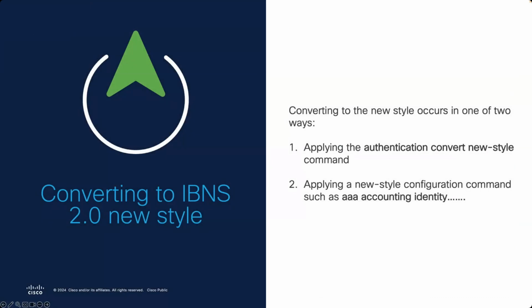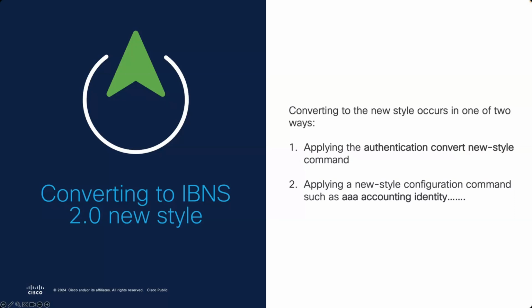Converting to new style actually occurs one of two ways. You can either explicitly run the authentication convert new style command, and it'll convert everything to the new style C3PL. Or if you try to apply a configuration command that is new style, like AAA accounting identity versus AAA accounting .1x, it will prompt you, are you sure you want to do this?